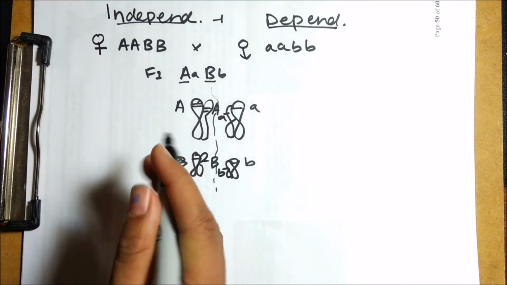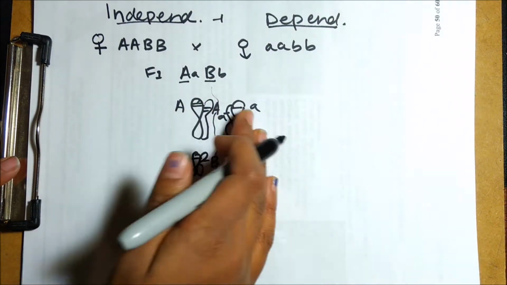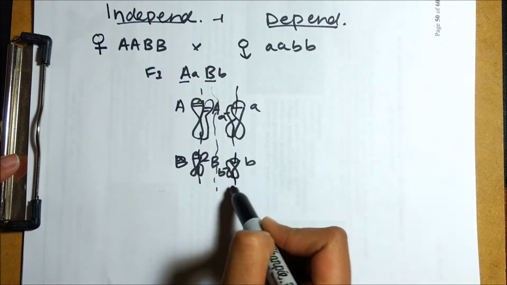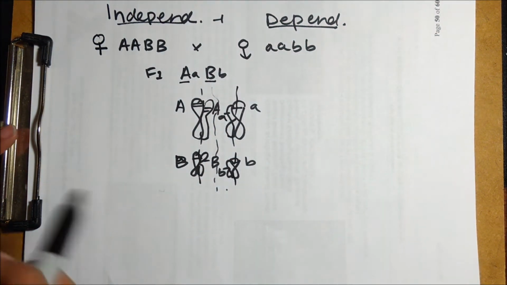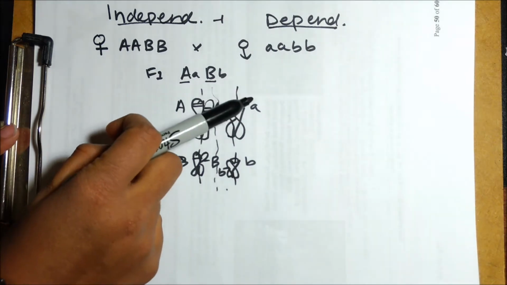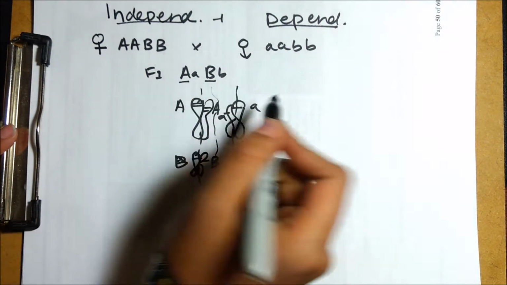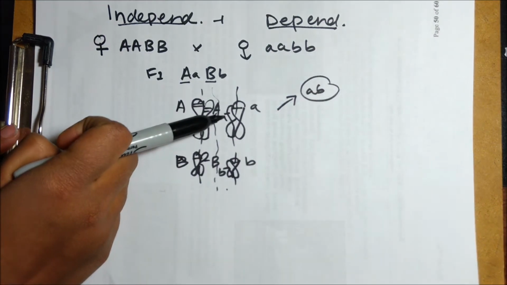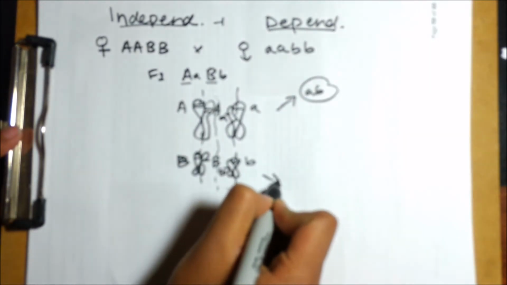So after these two homologous pairs separate towards the two poles, they divide again and gamete formation occurs. So the first gamete is going to be this lowercase and this lowercase. Then we have this lowercase, this lowercase.